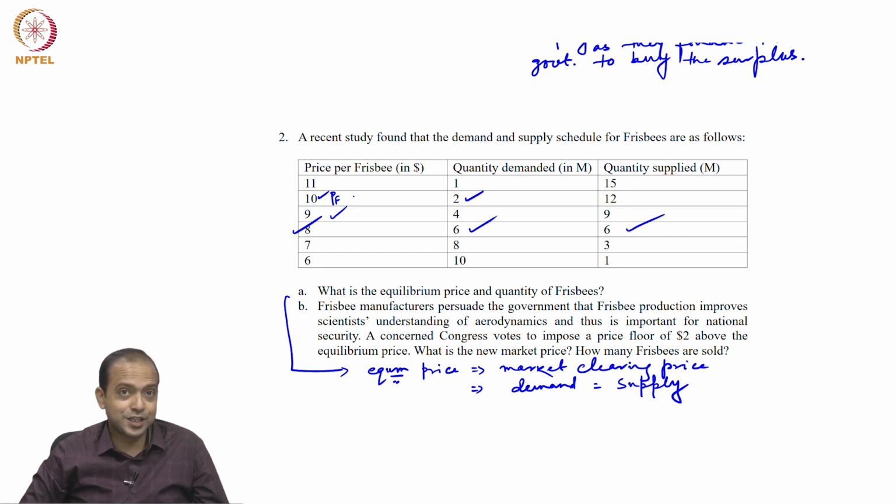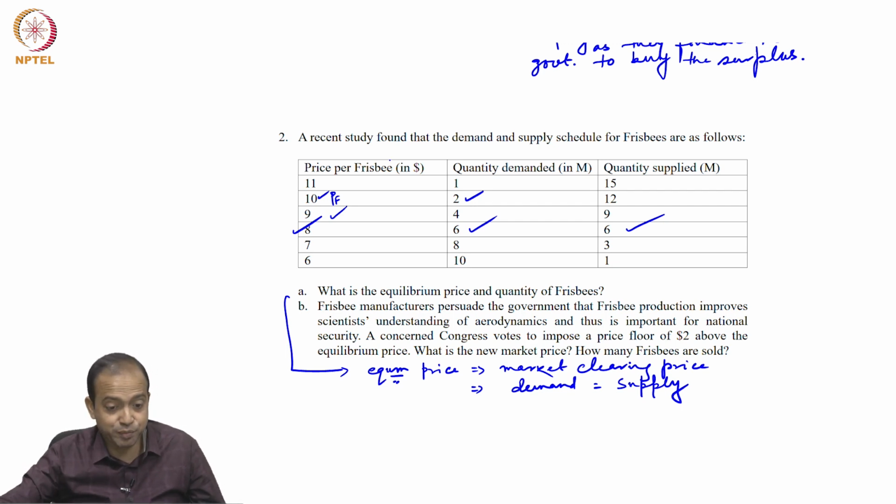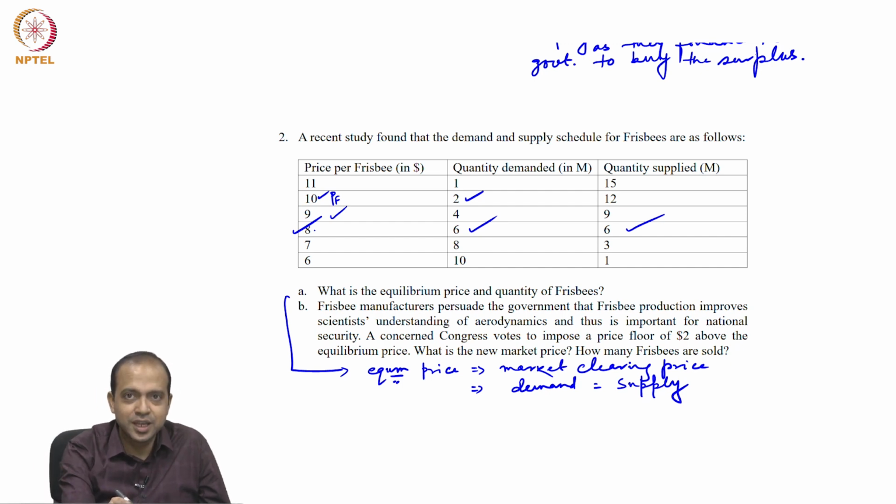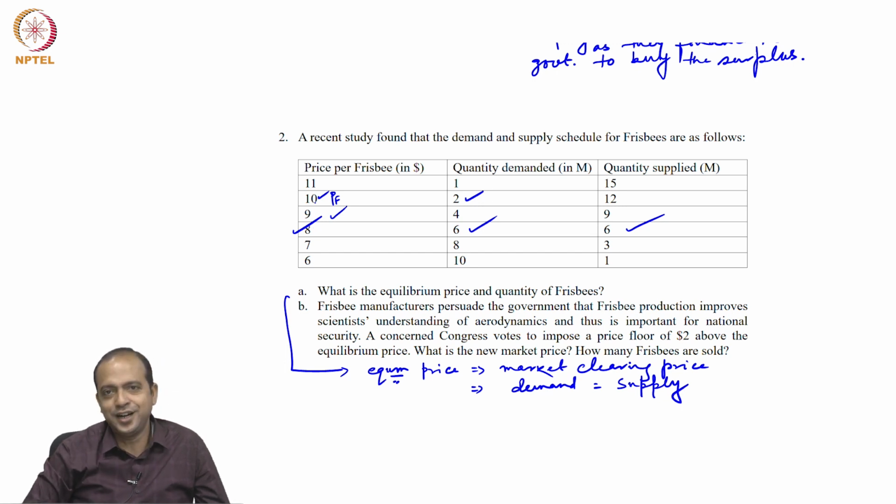But the question is, this price reduction, is this price ceiling binding or not? What we have discussed earlier is that for having a binding price ceiling or price floor, we need to compare it with the equilibrium price. Equilibrium price was $8 per Frisbee and now the ceiling price is 9.